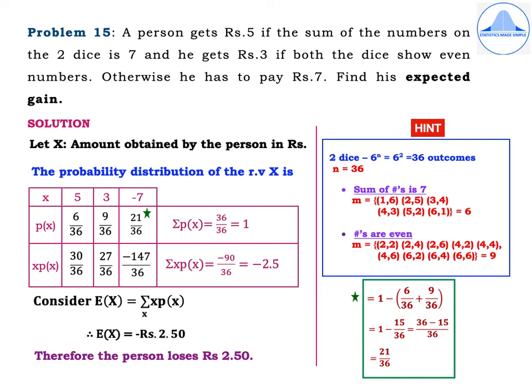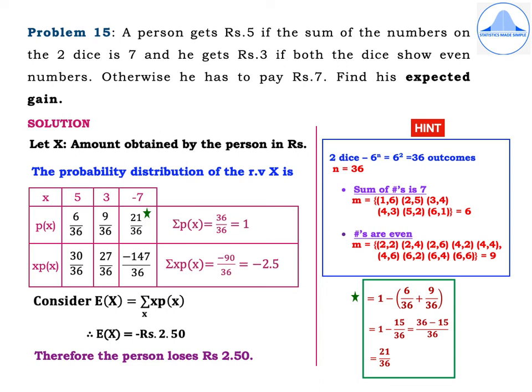To find the probability, use the formula P of A is equal to m divided by n, where m is 6 and n is 36. So the probability is 6 divided by 36. Similarly, he gets 3 rupees if both the dice show even numbers. The favorable outcomes for even numbers is m equal to 9. Again, use m divided by n, so you'll get 9 by 36.